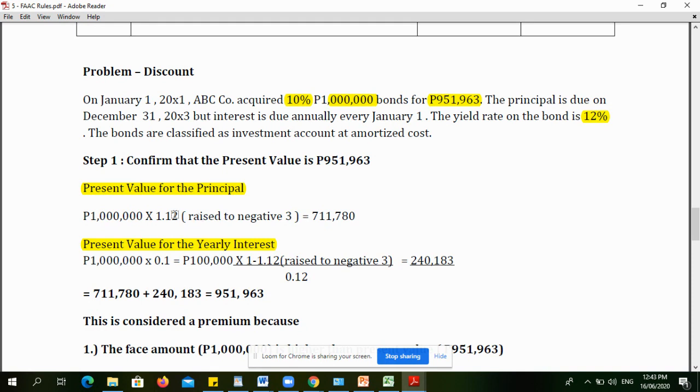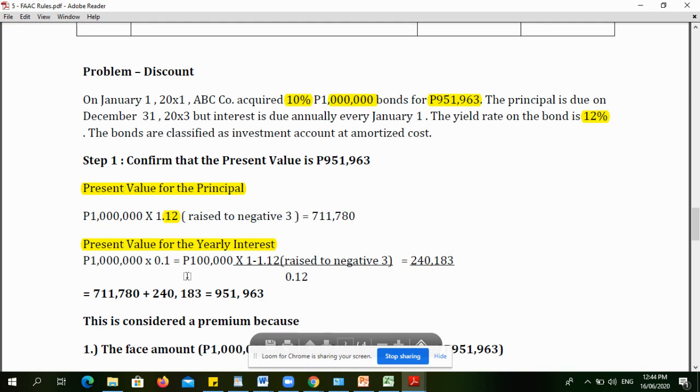The effective rate is what we use to find the present value. So, 1 million times 1.12 raised to negative 3 equals 711,780.